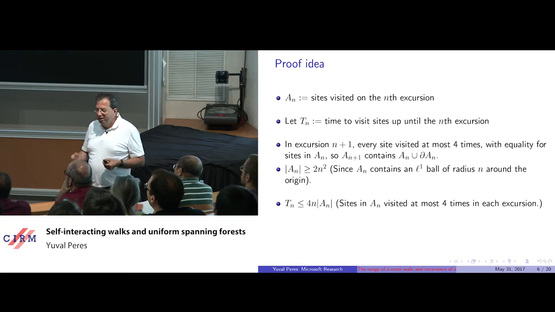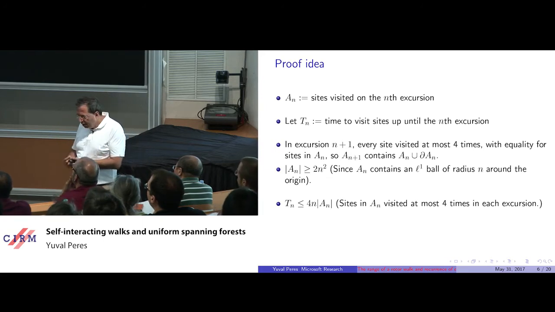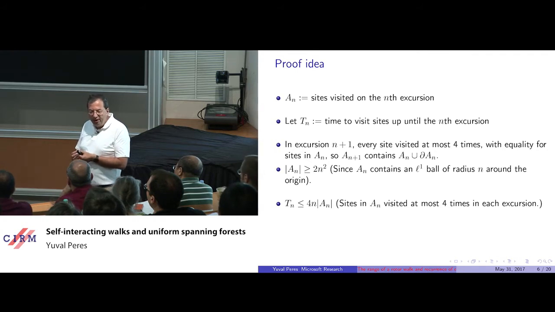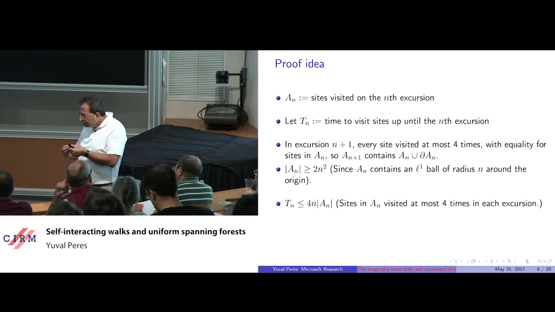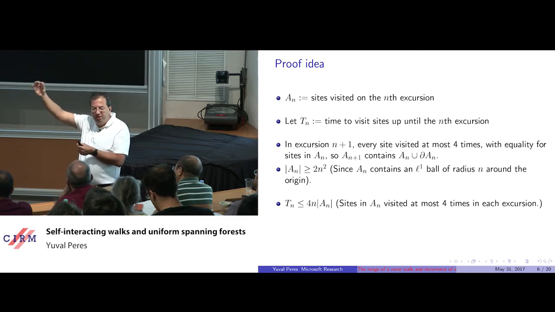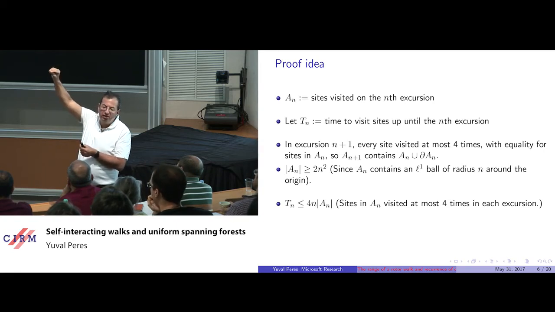Again, let me say why this is combinatorial. Every excursion visits every site at most 4 times, because look at one excursion, like the first excursion. Suppose some site is visited 5 times. Let's look at the first site to be visited 5 times.